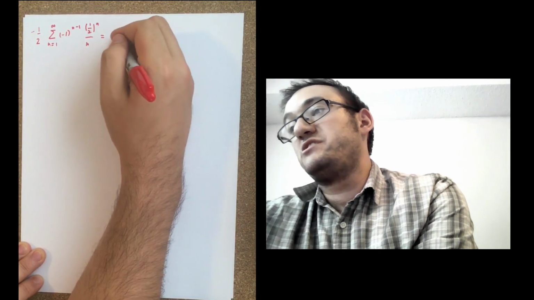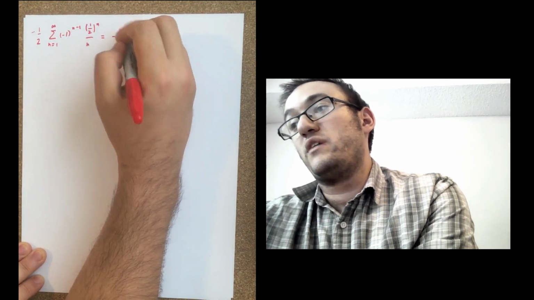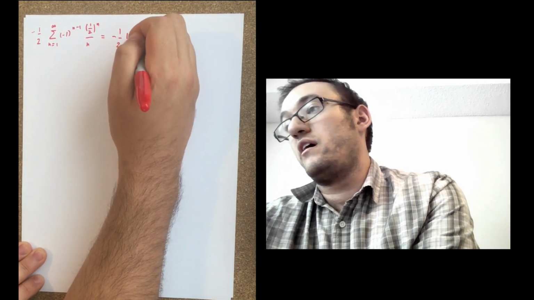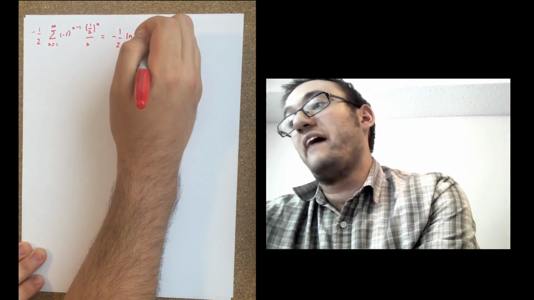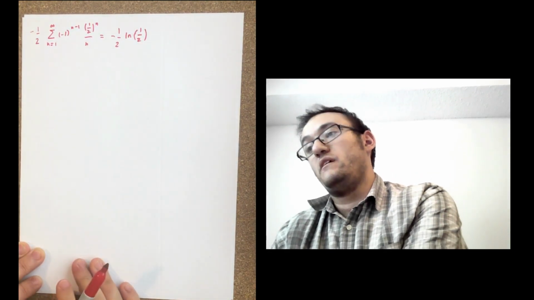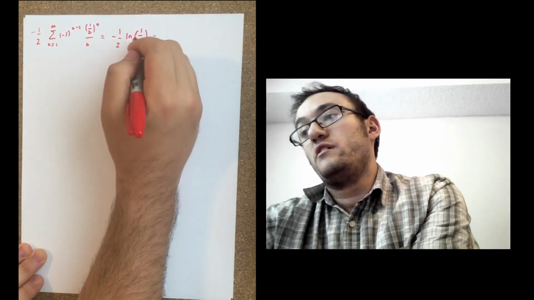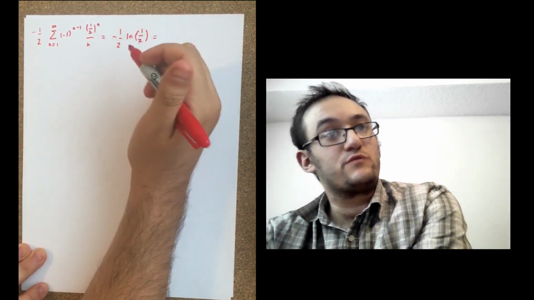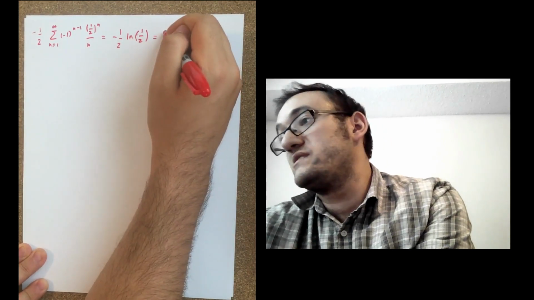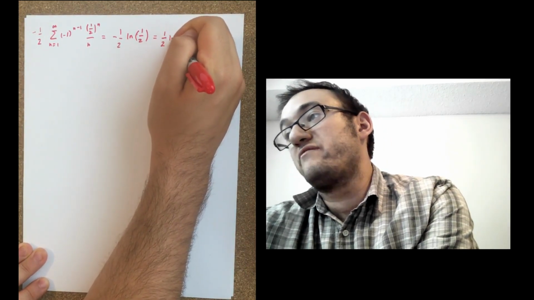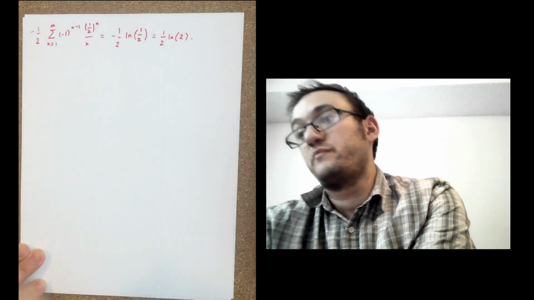And this expression is just log of 1/2. So we'll get log of 1/2. You could also, if you wanted, recall that log of 1 over something is equal to minus log of that thing. So this is the same as 1/2 ln of 2.